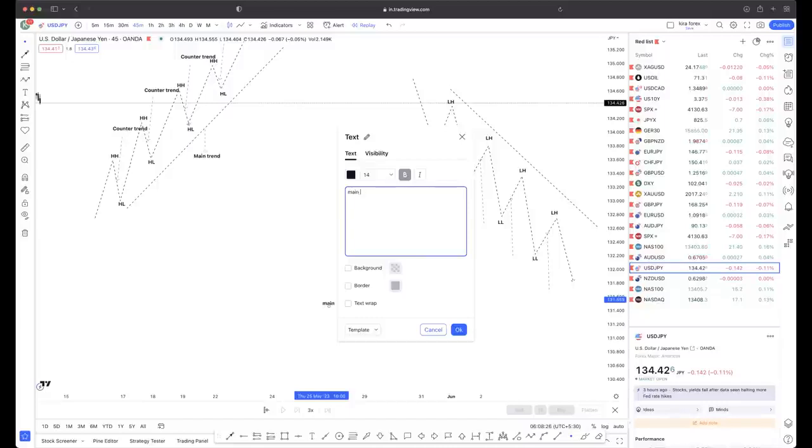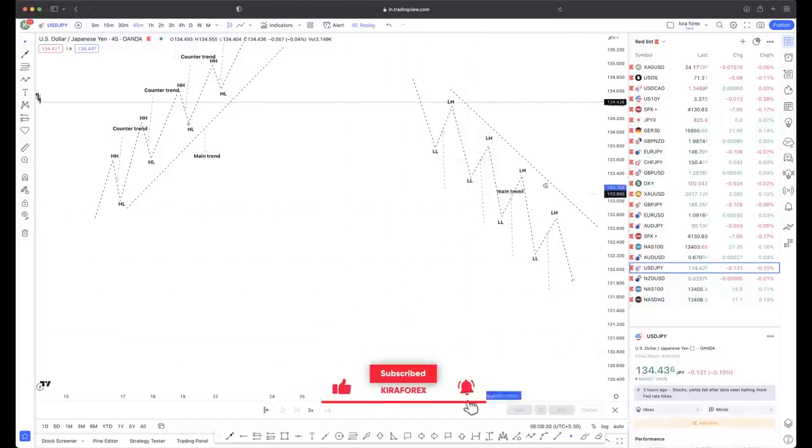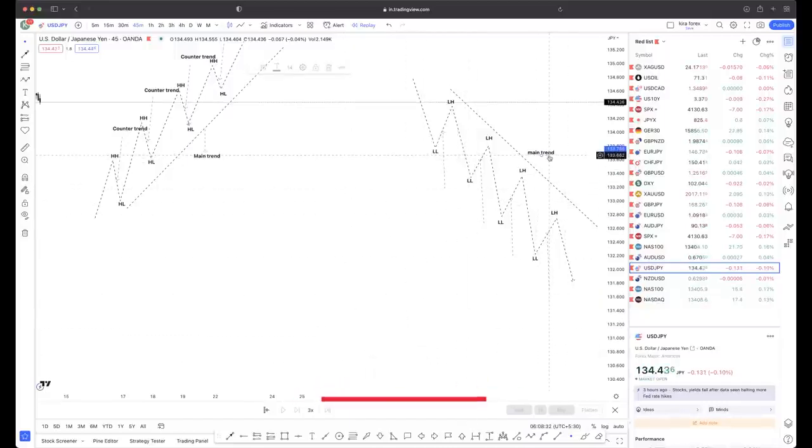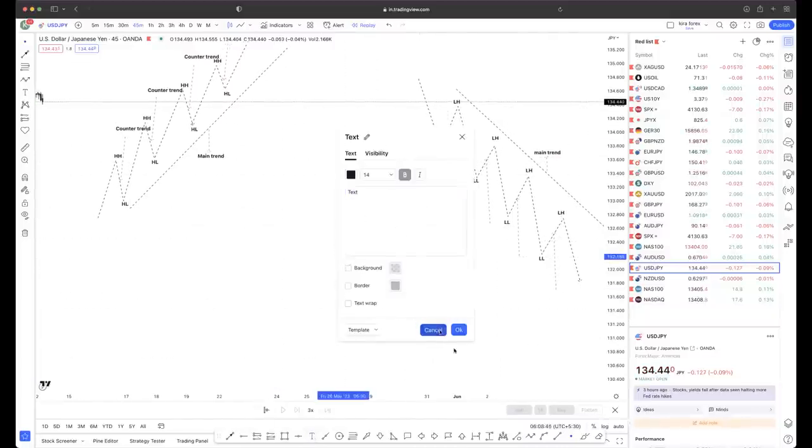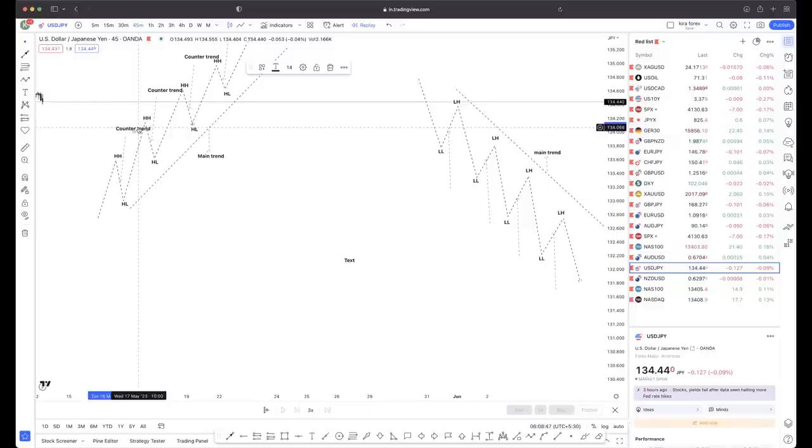This is very simple, guys. Just determine which trend you are trading, and this will become very easy for you once you're able to determine that this is a counter trend, and that this is a main trend.